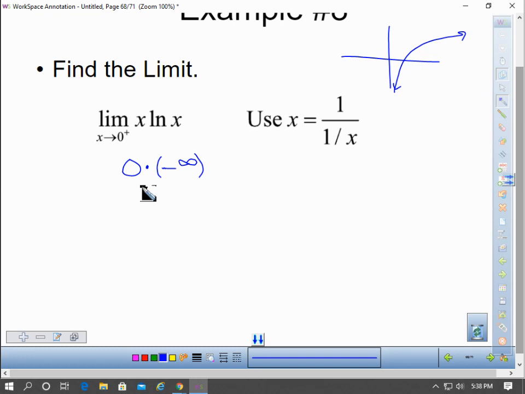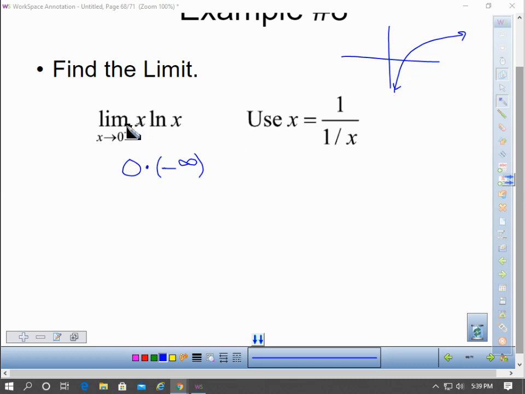So 0 times -infinity is a product. So we need to, all right, so when you substitute in 0 for these, you end up with 0, and then putting a 0 in coming from the right for ln, coming from the right towards the origin, you're going to -infinity.